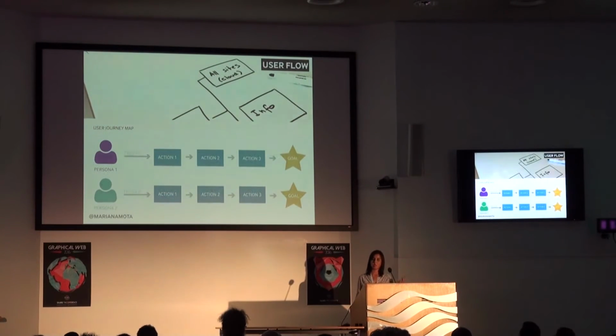We are understanding what triggers them to use the application, what triggers them to come to your data visualization or whatever you're designing, what their goals are, and what actions they need to take to achieve their goals. So our aim is to streamline that process and make sure that it's the most efficient way for them to achieve the goals.